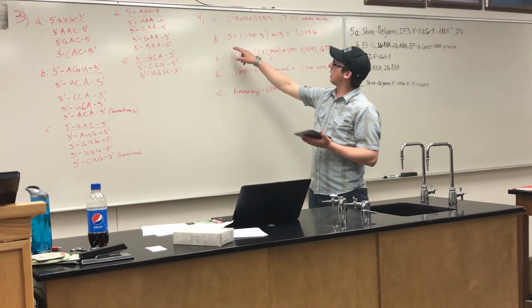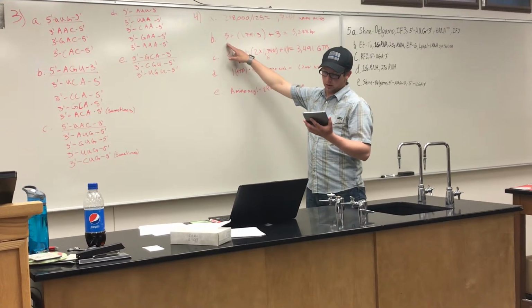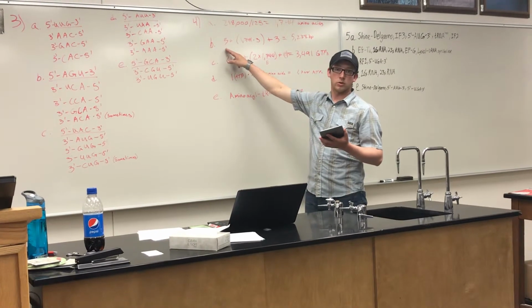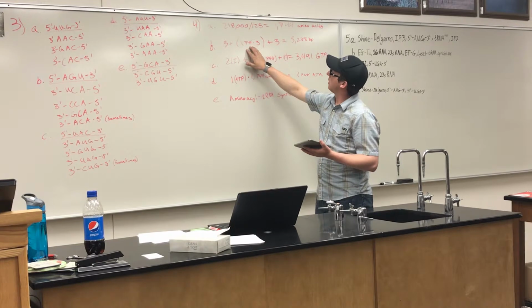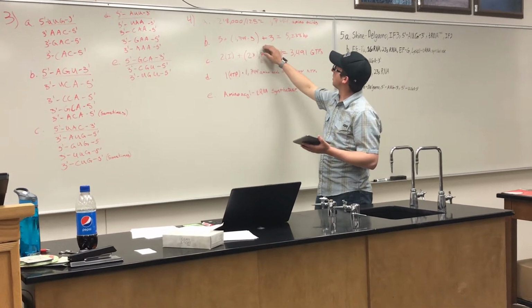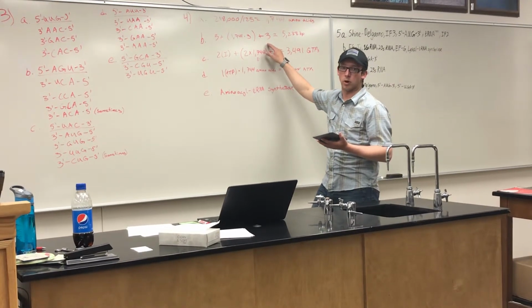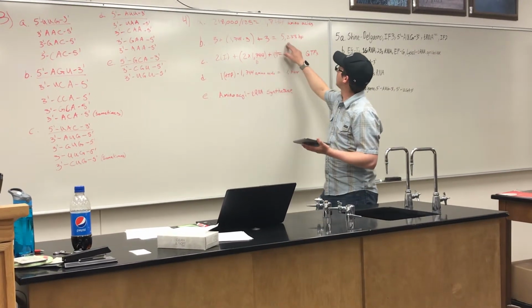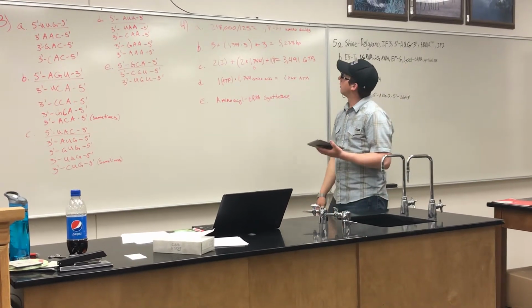And to get this, we have 3 base pairs for our start codon, our amino acids times the 3 base pairs for each of those amino acids, and then 3 base pairs for our stop codon, which comes out to 5,238 base pairs in length.